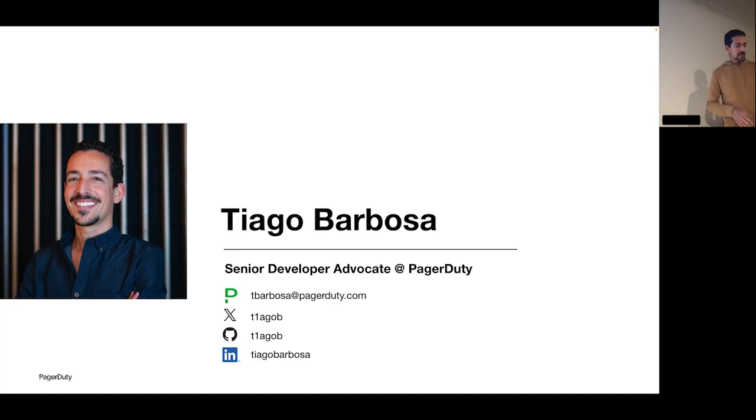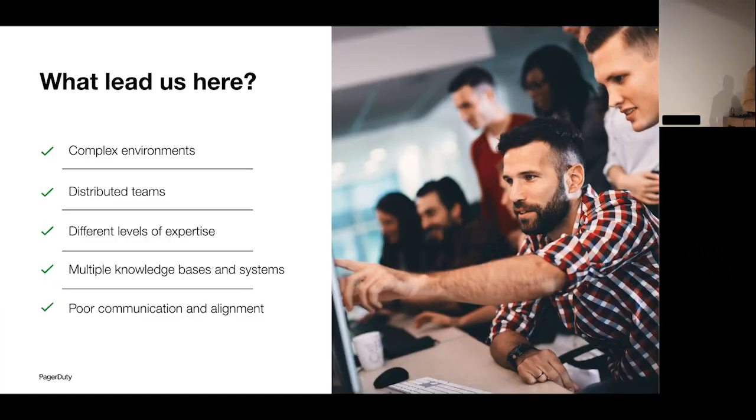So basically, what's kind of led us here in the first place? We are, I assume, all building software, and we are currently all living in complex environments, building very complex software, as we already saw by what Luis was sharing earlier today. Every single customer has different requirements.